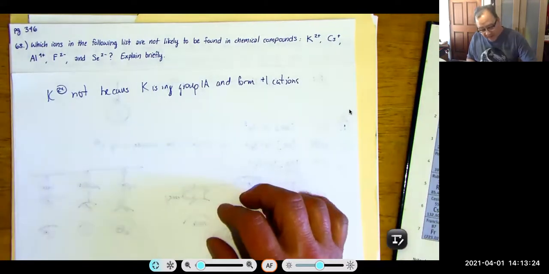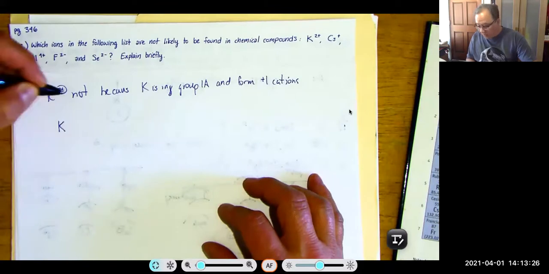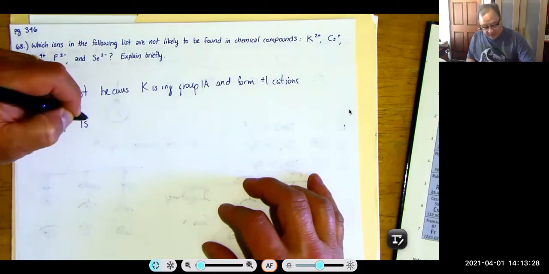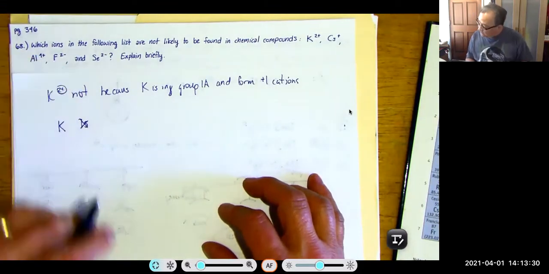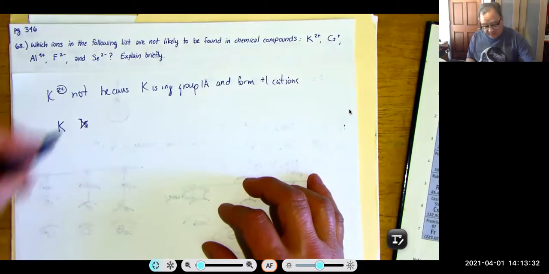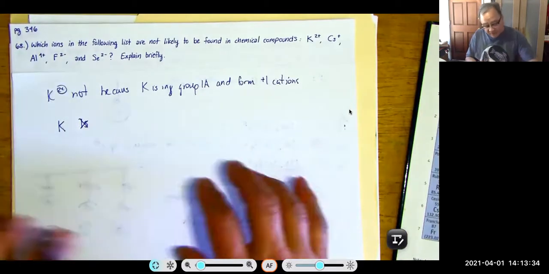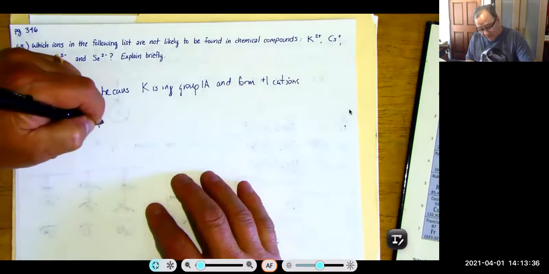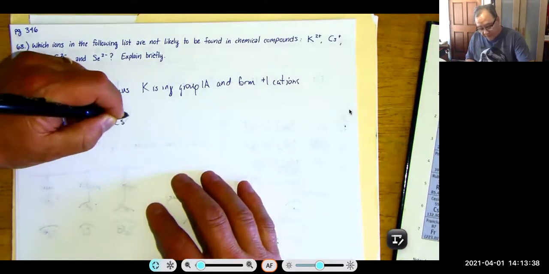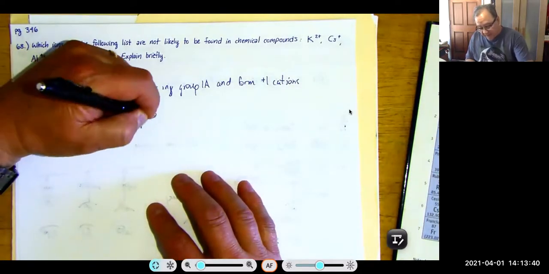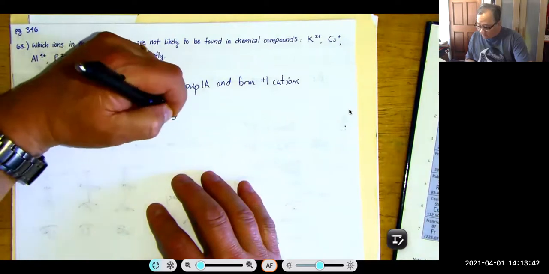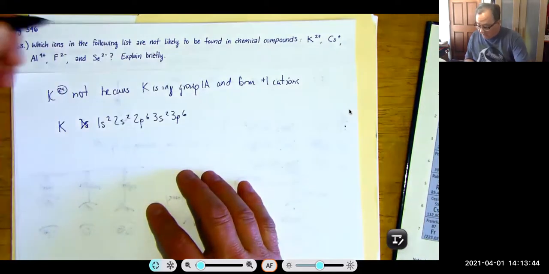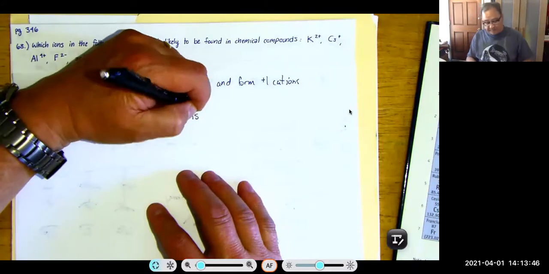So let's take a look at potassium. Actually, I'm going to write out the whole electron configuration: 1s2, 2s2, 2p6, 3s2, 3p6, and 4s1.